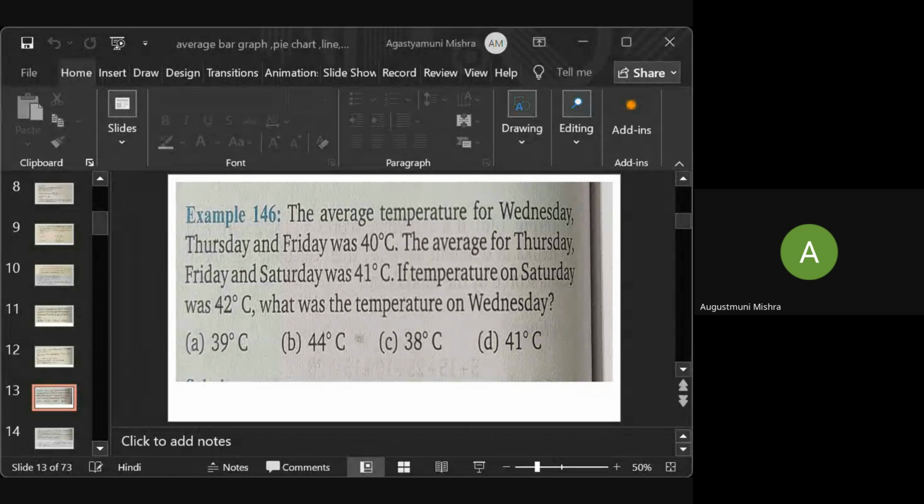Okay. Another response we have. That is also A. 3 responses we have. Only 1 minute left. There is one more response we have. That is D. 1 minute left.